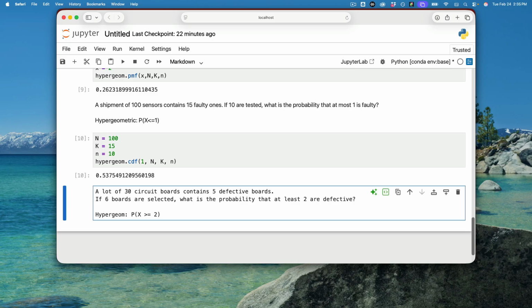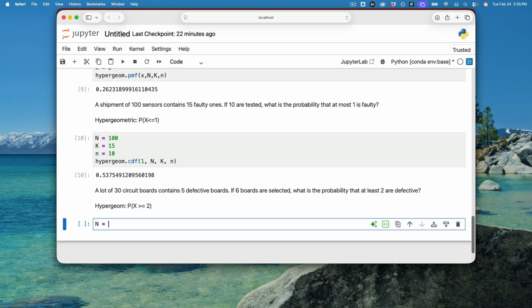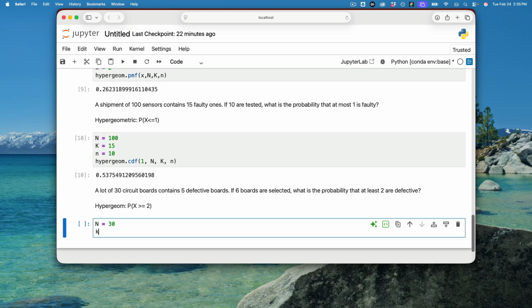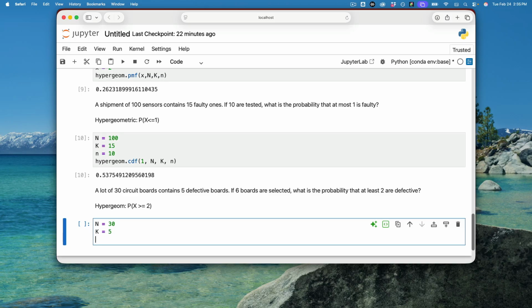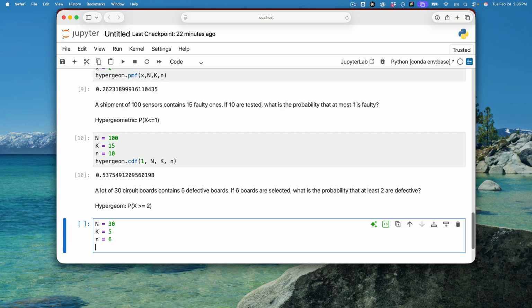All right, so let's do this. N is equal to 30, capital K is equal to 5, lowercase n is equal to 6. This is going to be a CDF: 1 minus hypergeom.cdf.